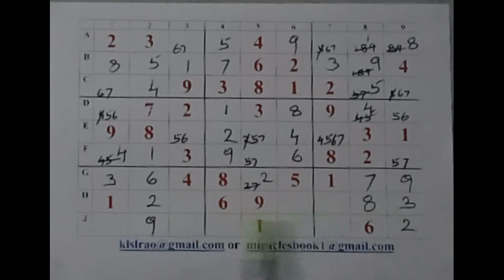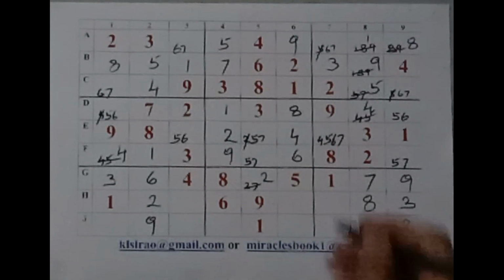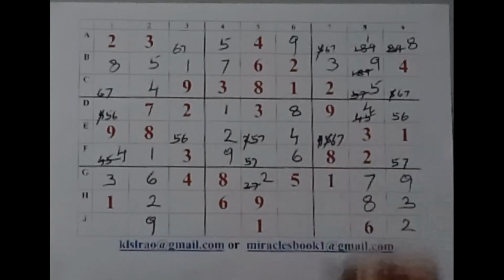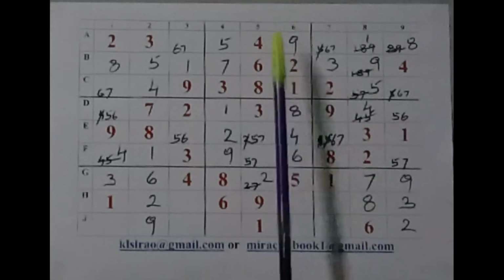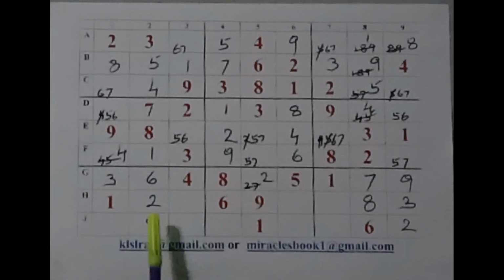We don't have a cross check of 4 or 5. Even at this late stage in this puzzle, have a look. Let us leave it there. But one thing, if 4 and 5 are to be here, this 4 and 5 can be deleted. We still have a pair of 6 and 7 there. Okay, let it be like that.